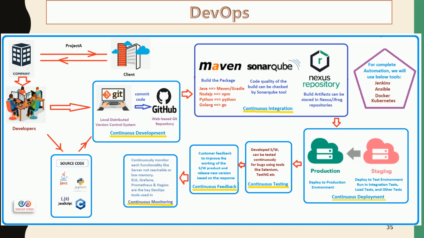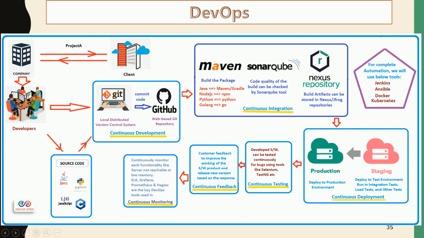Here you can see in the figure, this is the client. The client has given a project to this company, and the name of the project is Project A. In the first phase, continuous development, the planning and source coding take place.